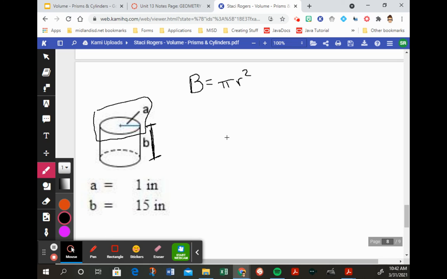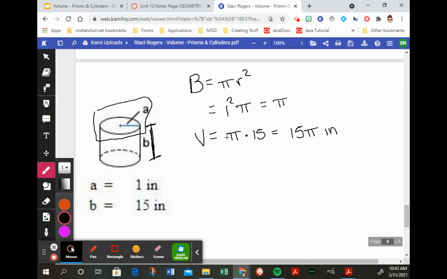So this one's an easy one. I'm going to leave it in terms of pi. That means I'm not going to multiply by pi. So I'm going to equal 1 squared times pi. 1 squared is 1. So my big B is equal to pi, or 1 pi if you really want to have the 1 in there. Then my volume is going to equal pi times 15, which is equal to 15 pi.